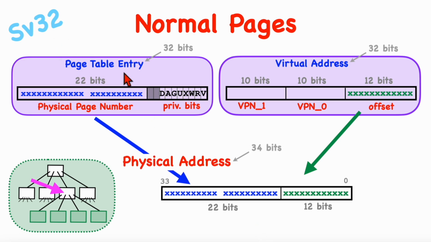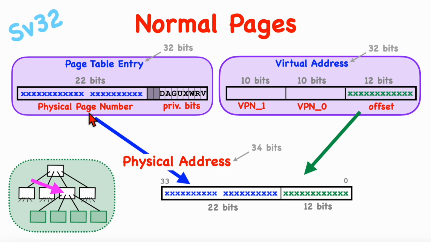Both page table entries and virtual addresses are 32 bits in size, and let's assume that the memory management unit walks the tree down to the bottom level of the page table tree before it finds a leaf page table entry. At this level, the page table entries point down to normal 4 kilobyte data pages.